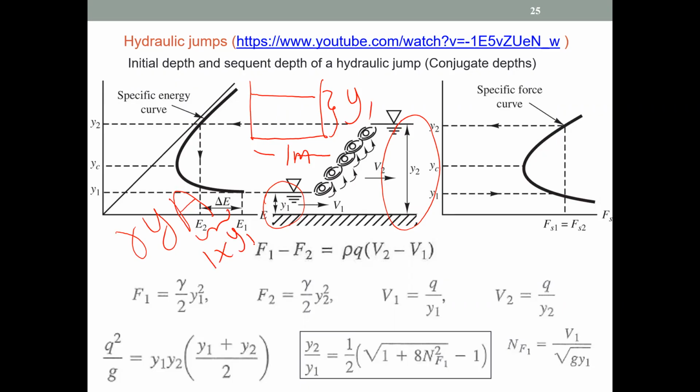All right. So F is now equal to the pressure multiplied by the area, so you have this equation. Same for F2, you can write it like this, right? So now F1 minus F2, you can write in terms of the specific weight and y1 and y2.